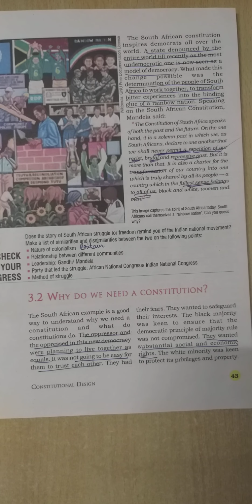The relationship between different communities, if you talk about the colonial time, then India has always been a diverse nation with many people from different religions. But communal rights were never an issue in India before independence, because there was no India as such, there was British India. Everybody was ruled under different rulers.